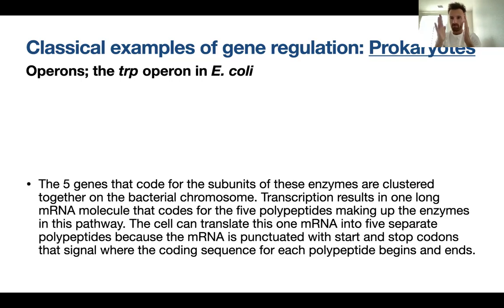And they're actually one after the other, clustered together. So when this DNA is transcribed into mRNA, it's one long mRNA molecule that codes for 5 separate proteins, enzymes, polypeptides, right? Same thing. It's a fancy word for proteins.